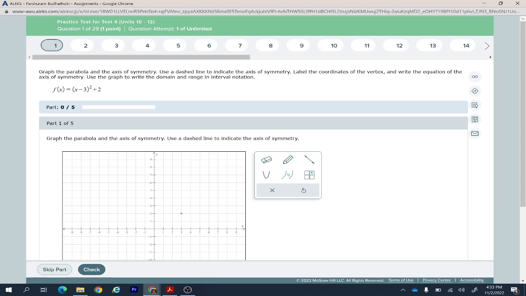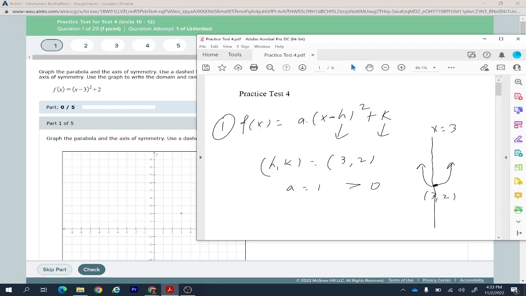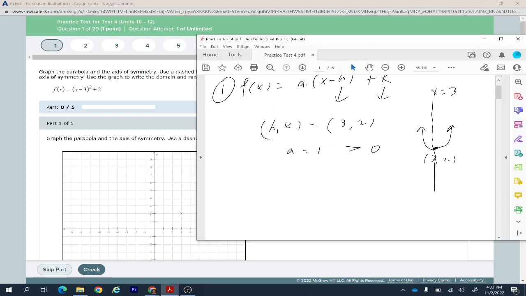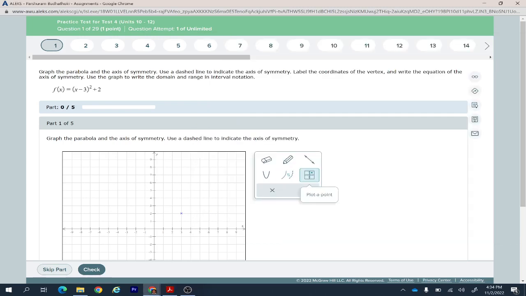When x is 0, if you put x is 0 in this equation, it gives you the y-intercept, which is 0 minus 3 whole square plus 2. If you do this calculation, that is negative 3 whole square is 9 plus 2 is 11. So when x is 0, the y is 11. That's your y-intercept. That is another point you can use to plot the graph.